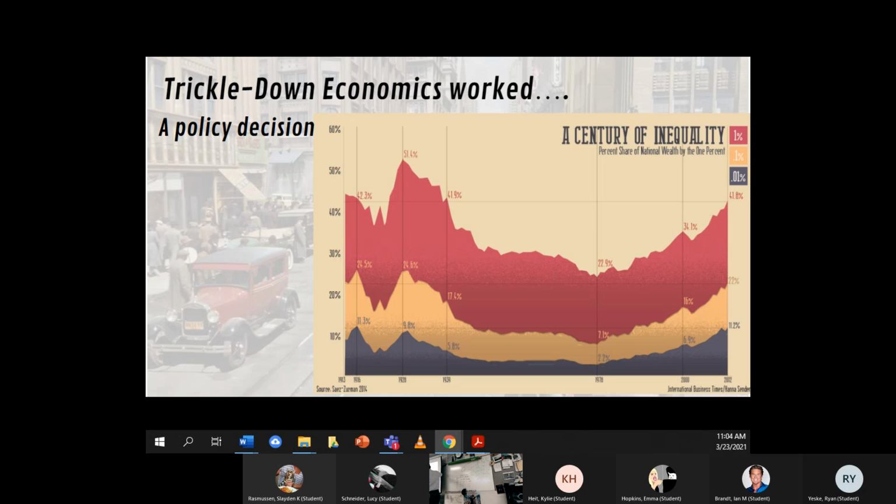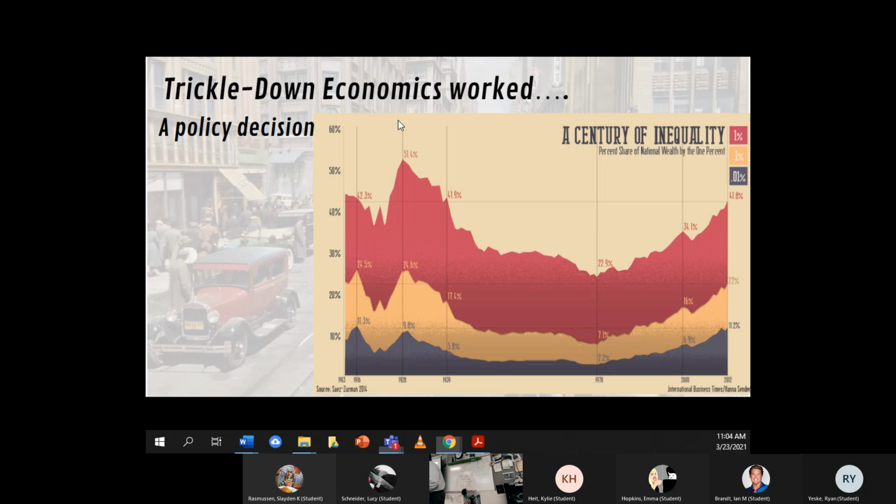Once again, this is the wealth of the top 1%, the 0.1% and so on. But this is the massive inequality here. Now, you could say this is good or bad. That's a different argument, but that was certainly the policy choice.